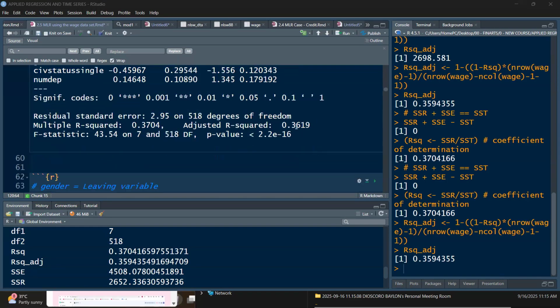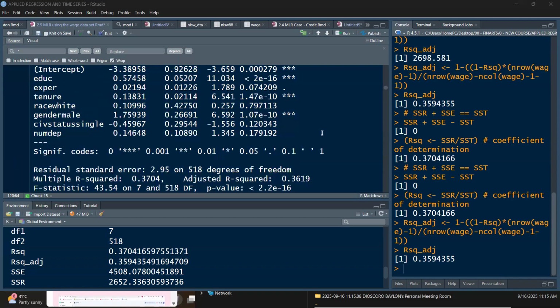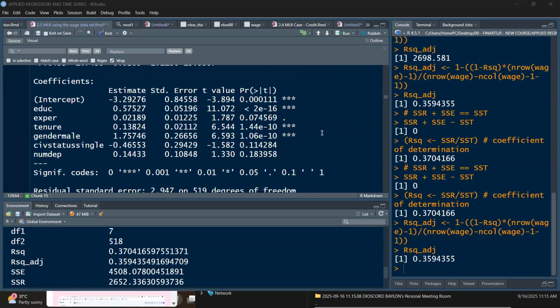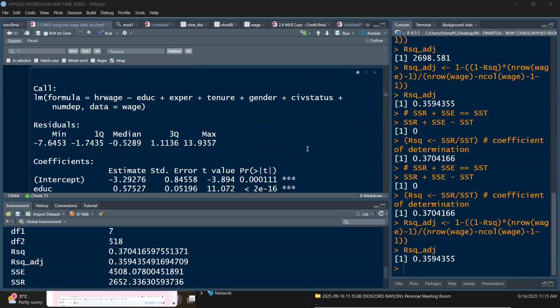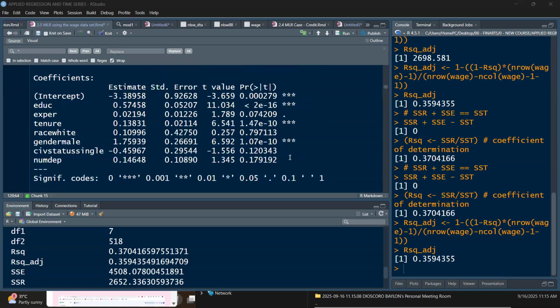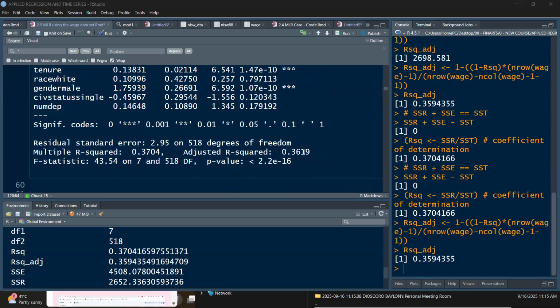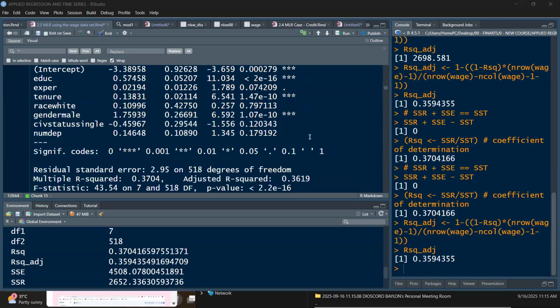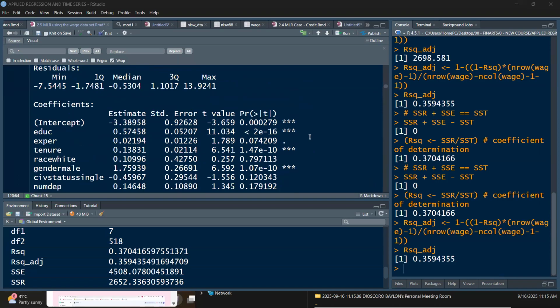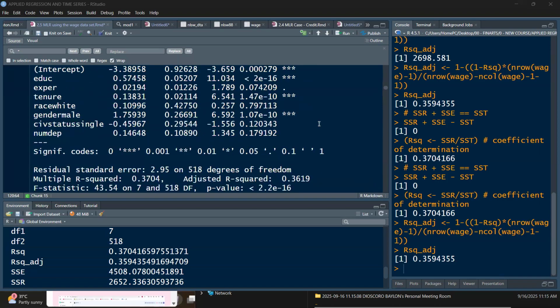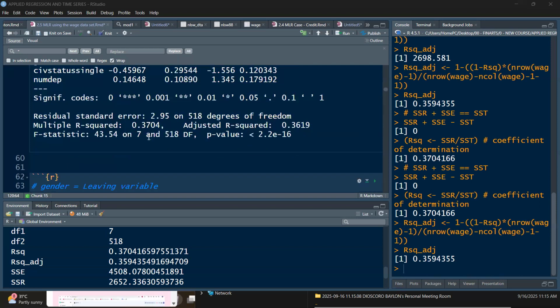It's 36.19, I'm sorry, but it's still quite far off. I was comparing it with model number 2, this one, 36.31. So it should be 36.19, but it's still far from 35.9. Now we just discussed this, class: 7 degrees of freedom, the F1 and the F2.